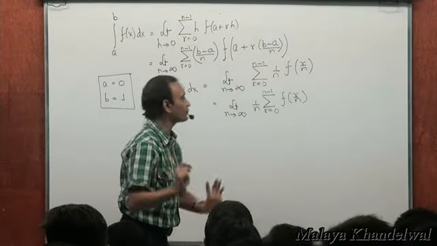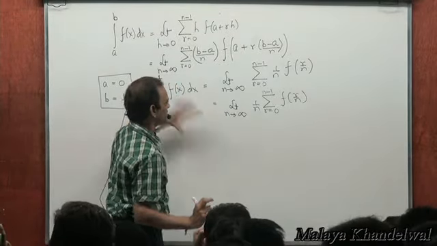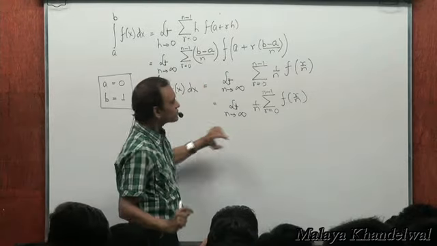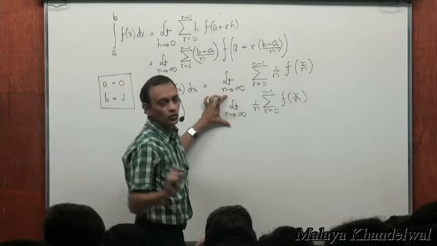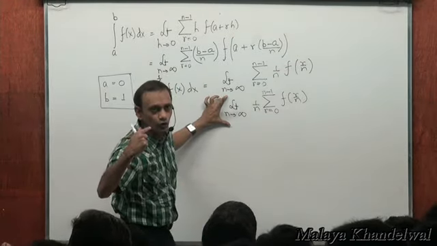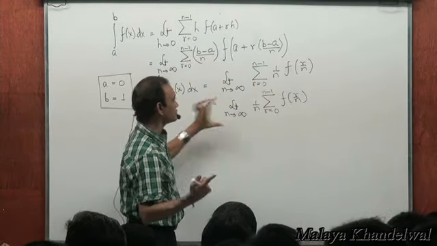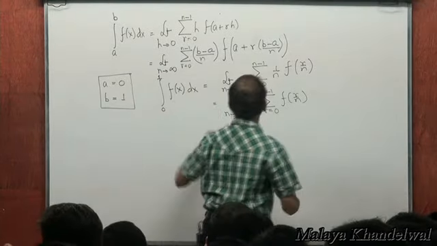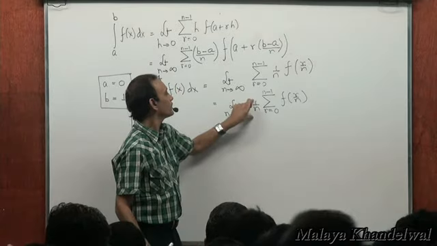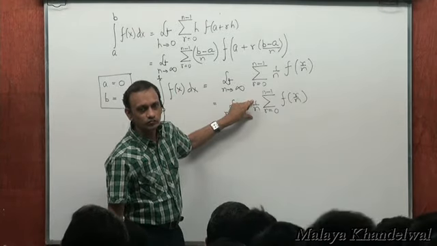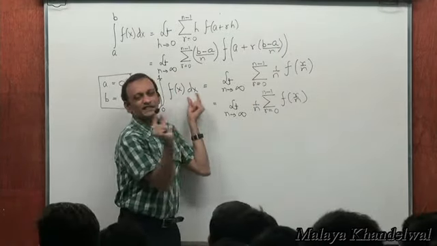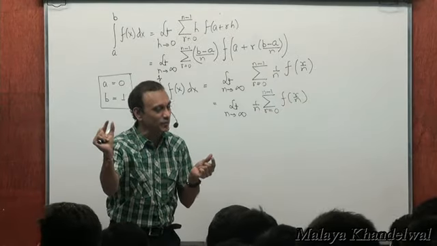Now let me tell you a rule that will help you evaluate these limits. Given something like this, how do you reduce it to a definite integral? Think of it like this: as n tends to infinity, 1 by n would tend to 0. So 1 by n is like a dx, which is infinitesimally small, right?